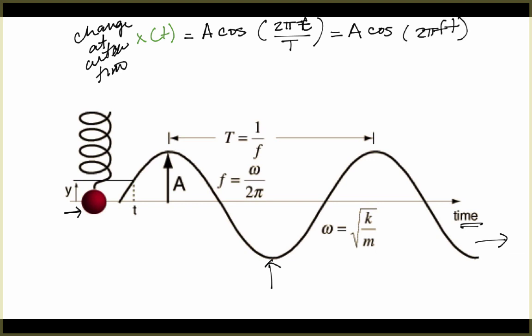So what does that mean? This is the amplitude. How much of this change do we see? How big was that movement? This little t here is the time, in seconds. The amplitude is in meters.